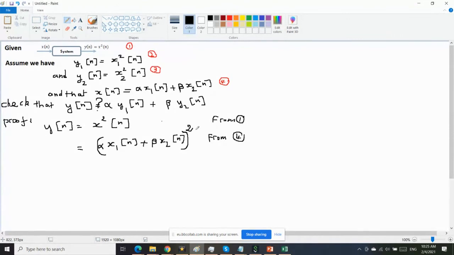Now we're going to use algebra. We're going to break down this square polynomial.